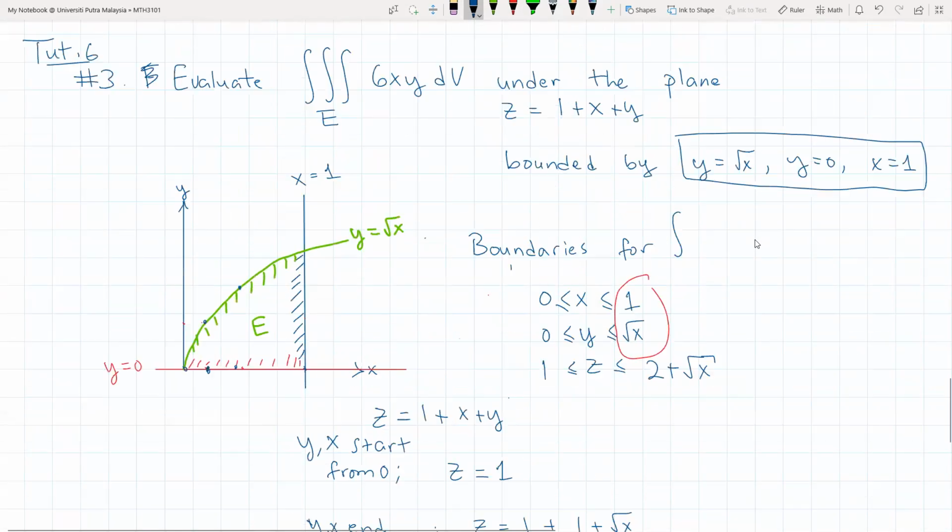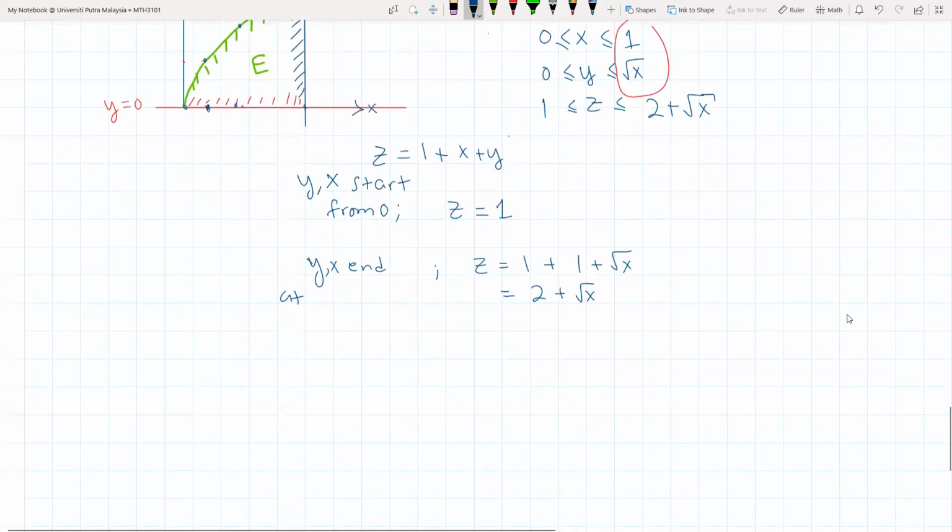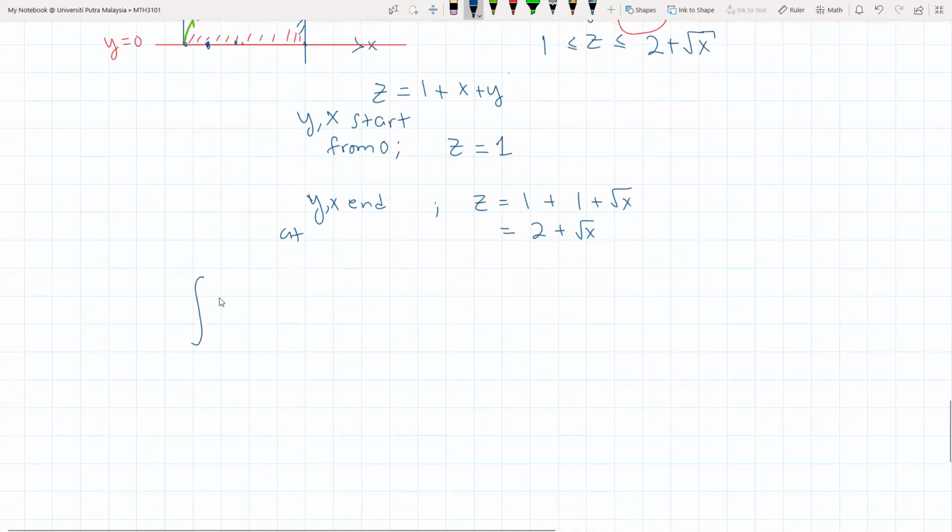So in this case, you don't have to use change of variables because this in general is quite easy. You can see that we need to plug into the triple integration. So 6xy, and the inside, it's easier if you put z inside first, dz, dy, and then dx.